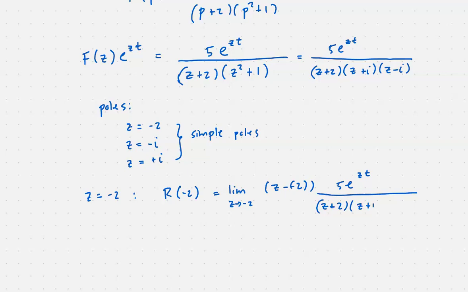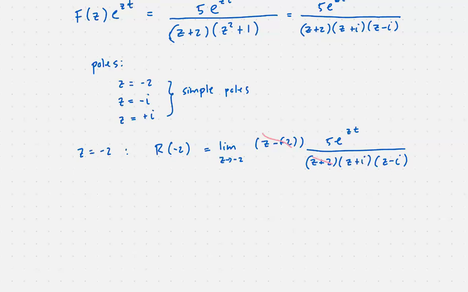Now we can cancel out this, right? And then evaluate the limit. So we're going to have 5e raised to -2t. Remember, we still have z there, so we're gonna substitute that. And then below, we're going to have -2 plus i times -2 minus i.